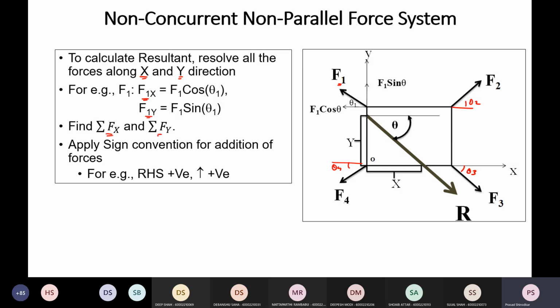Then apply summation Fx and summation Fy. Again, apply the sign convention: right hand side is positive for summation Fx, and upwards is positive for summation Fy.